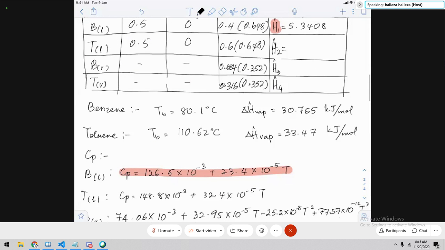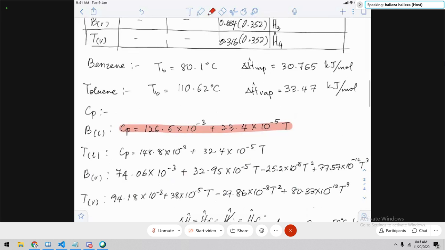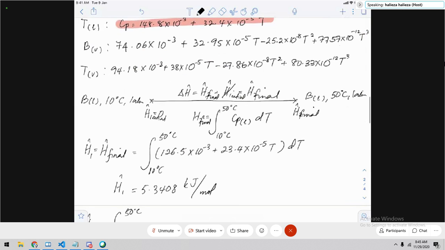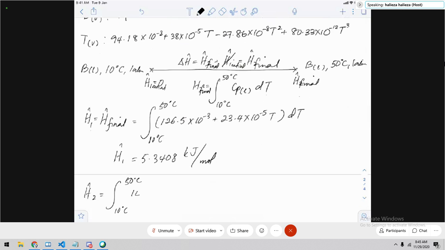So the Cp of toluene in the liquid phase is as written here. I'm going to just copy that into the equation: 148.8. Let me just copy it from my notes.